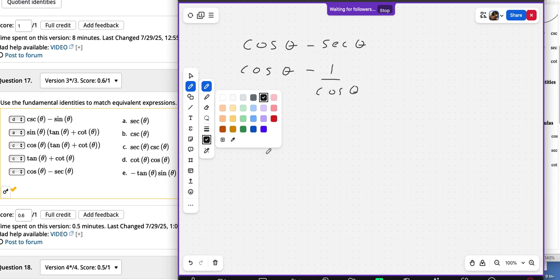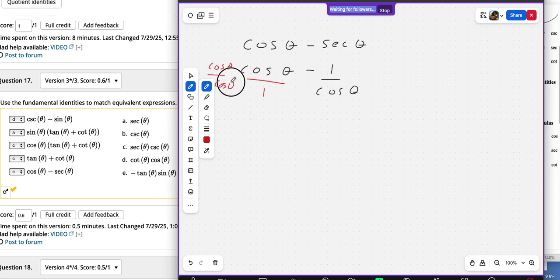And then like we did on the first one, we're going to want to get a common denominator here. So I'm going to go cos theta over cos theta. So that gets me cosine squared theta minus 1 over cos theta, because that's our denominator.